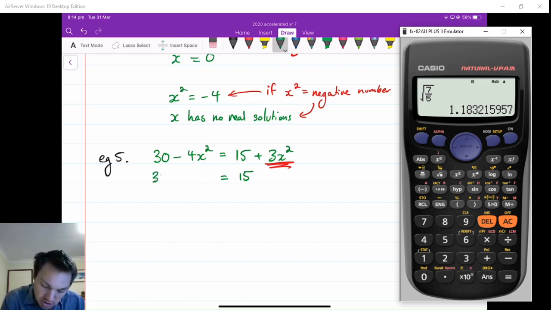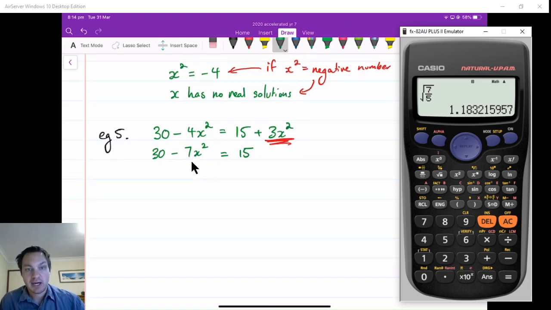So it's 30, okay, minus 4, take away 3 is minus 7x squared, okay? So it's minus 4x squared, and then take away another 3. I took away 3x squared from that. So I've got actually negative 7x squared.